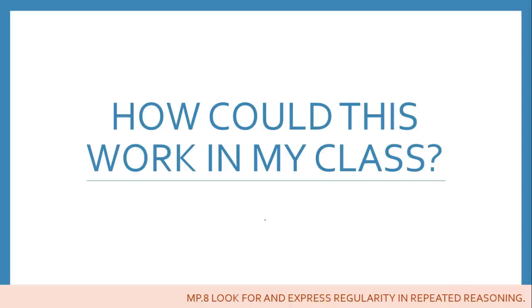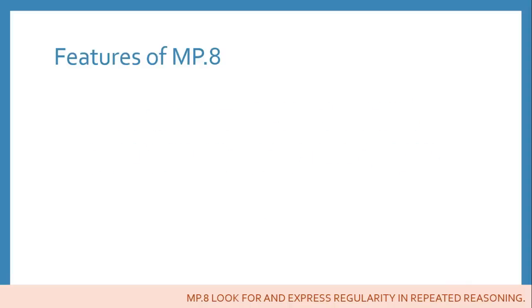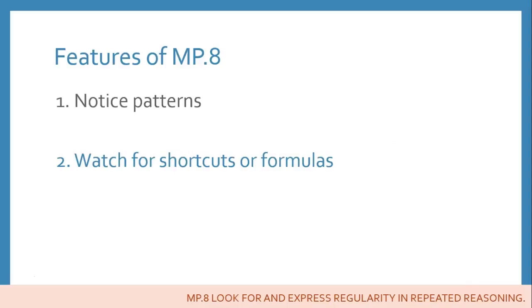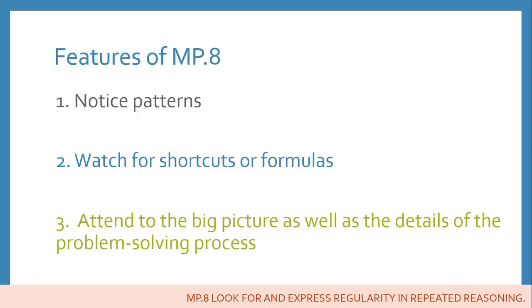All of the math content examples that I share can be found in the College and Career Readiness Standards for Adult Education. When you work with Mathematical Practice number 8, you'll be guiding your students to notice patterns, watch for shortcuts or formulas, and attend to the big picture as well as the details of the problem-solving process.